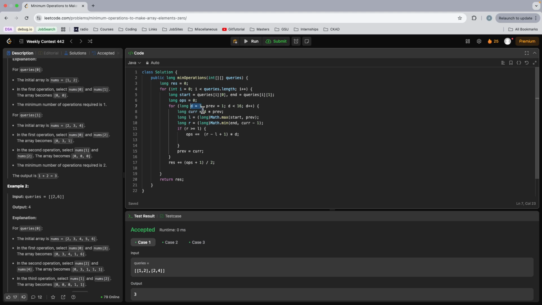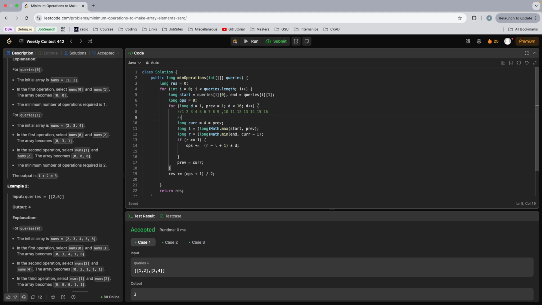So going by D equal to 1, what this would entail is something like this. In the first case, the numbers are 1, 2, 3, 4, 5, 6, 7, 8, 10, 11, 12. D would be at this.